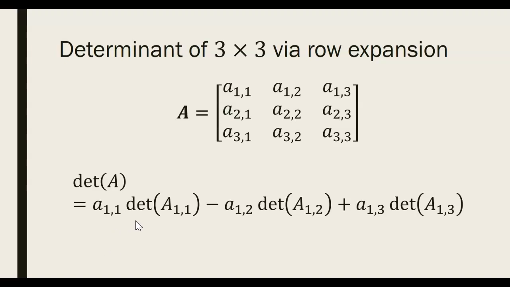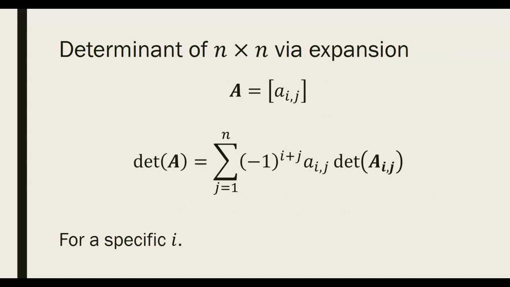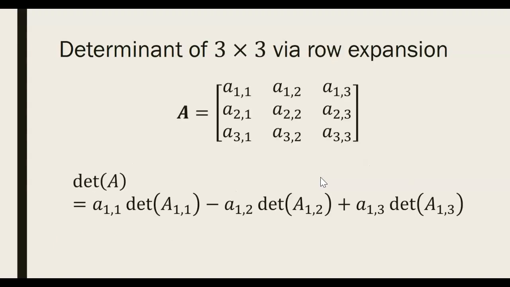In general, if I want to find the determinant of A, what I do is I expand out on some row. Now it actually turns out that it doesn't always have to be this first row. I could have expanded on the second row. I could have expanded on the third row. I could have taken this A31, A32, A33, and did the exact same thing with the submatrices.